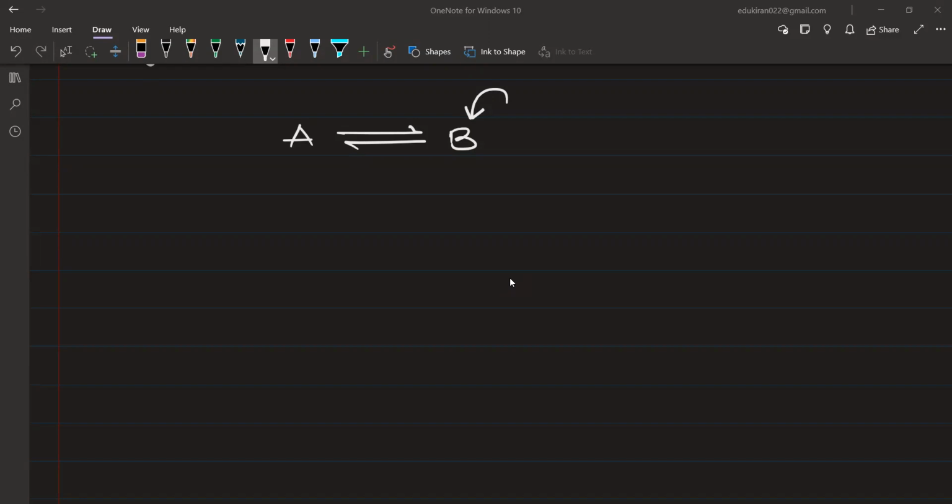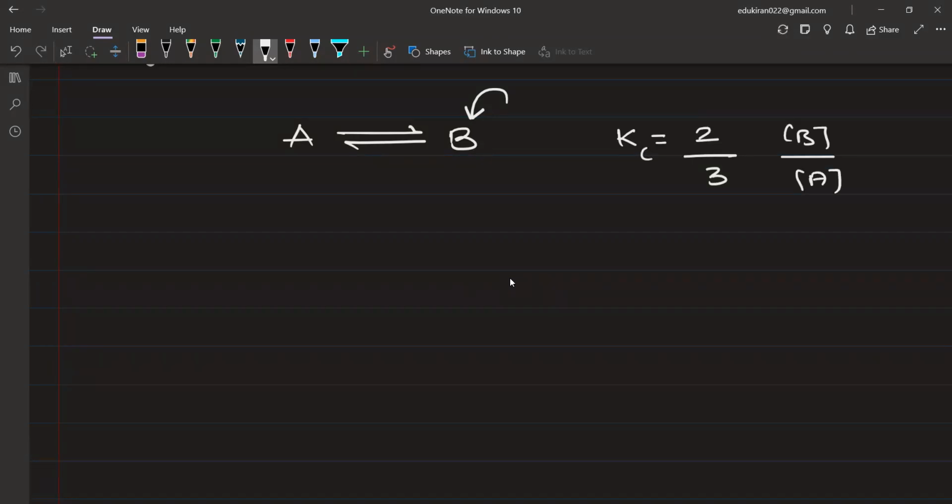For example, let us suppose the equilibrium was 2/3. Okay? So what is Kc? Product upon reactant, right?